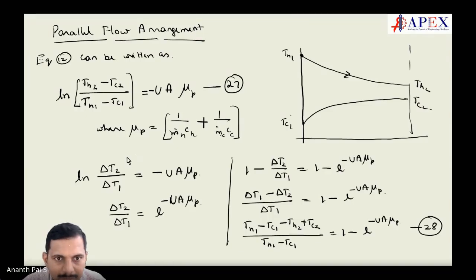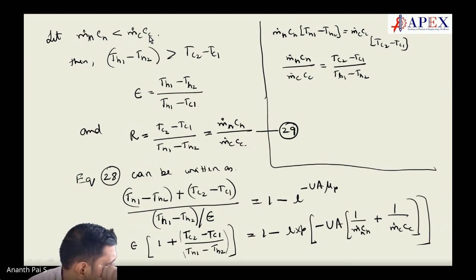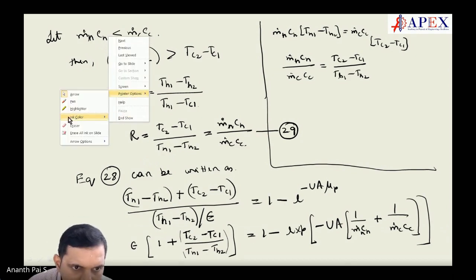You can check it out. If you consider parallel flow, see here, what we have taken now is m dot h is lesser than m dot c. Had we taken the other way around, let us do it. You will get the same equation.